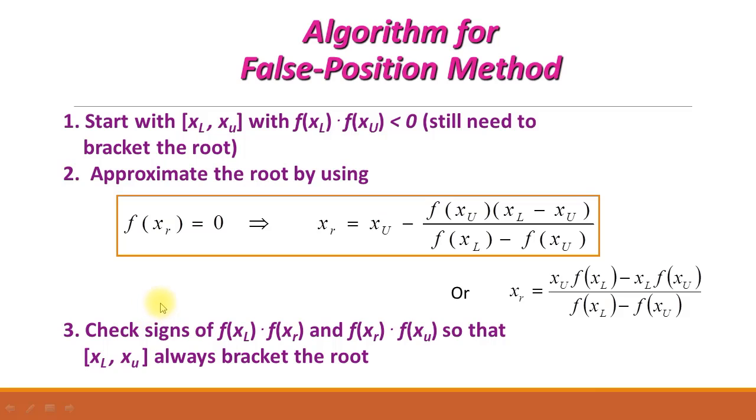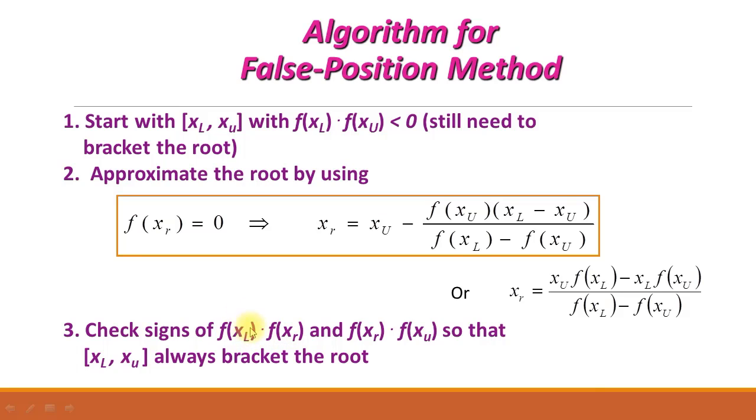And at the third stage, check the sign. When we find the third root, these are the two initial values, and this is the next third root. Now for the fourth root, again check the sign of the function at these two roots. First of all check the sign of the function at xl and at xr.